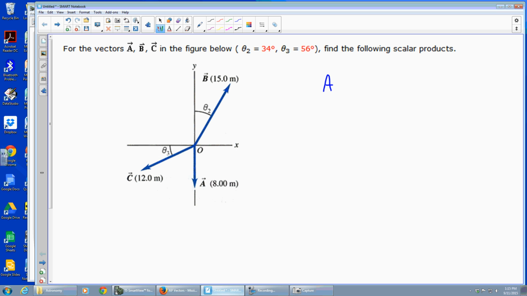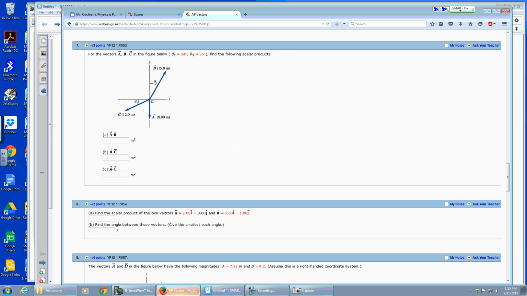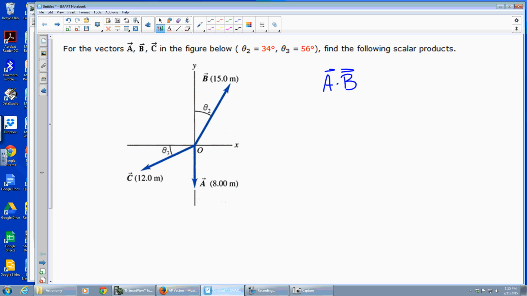So I'm doing A dot B. I'm going to draw vector A, which would go right here, and then vector B, which would go right here. And this is the angle phi between them.